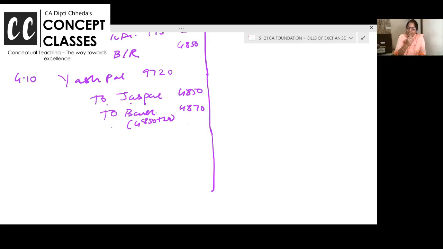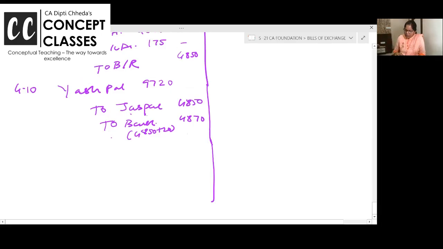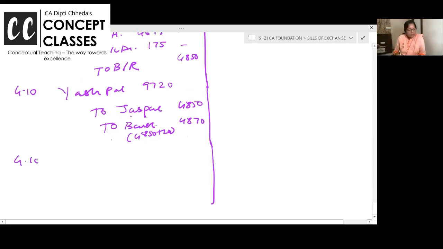Now Yashpal is declared insolvent. Yashpal, you should pay me 9750. He is becoming insolvent and 40% is recovered on the same day. 40% only could be recovered. 40 or 60? Sorry.